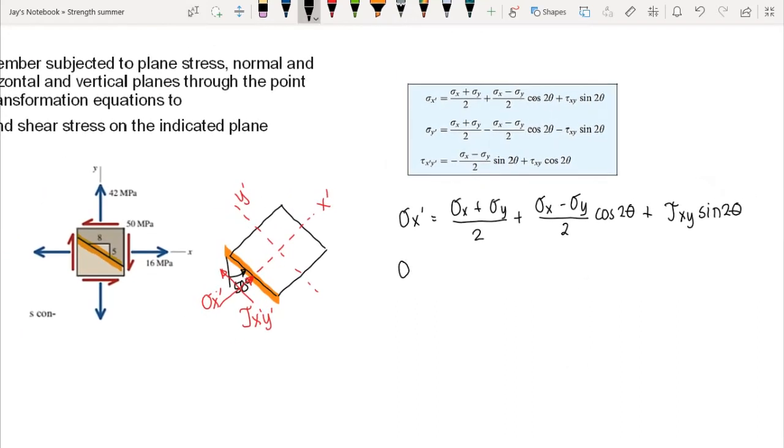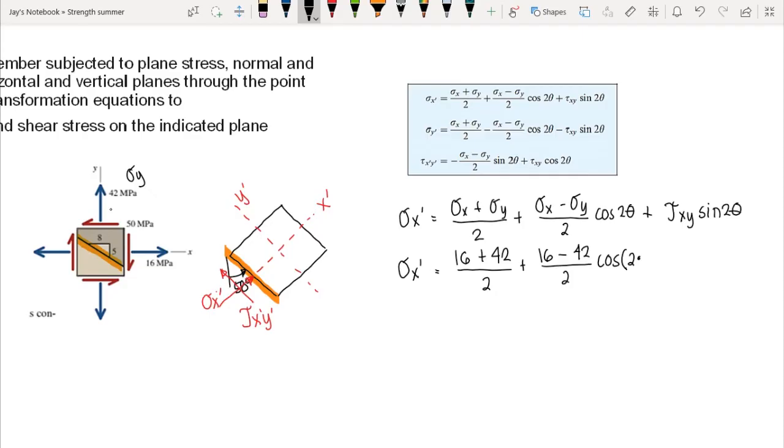So we have our sigma x prime, which is equal to, now our sigma x here, this is the normal stress along the x-axis. So we have 16 MPa. Now take note, our 16 MPa here is tension or tensile stress, therefore that is positive. So we have positive 16. And the same with our sigma y, which is also tensile stress, so that is positive as well. So 42 over 2, copy sigma x and sigma y over 2, cosine of 2 times.